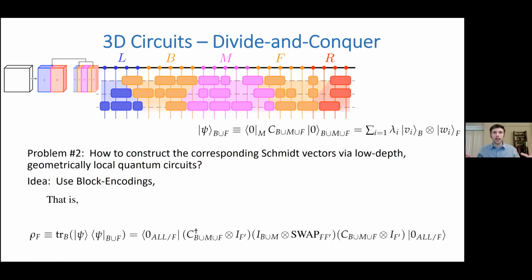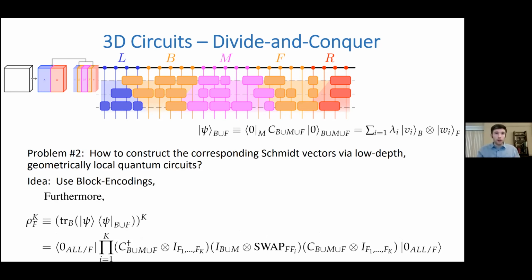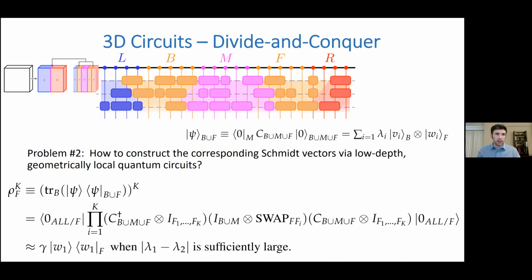And then you have to project onto 0 in all of the registers that are not the F register. Okay, so that's what it does. And it will also let you produce the kth power, for some integer k, of rho F, in a not too much more complicated way. I won't go into detail here.